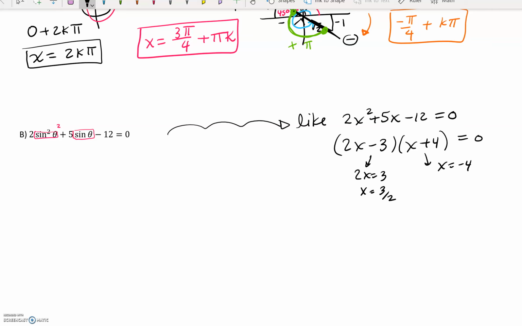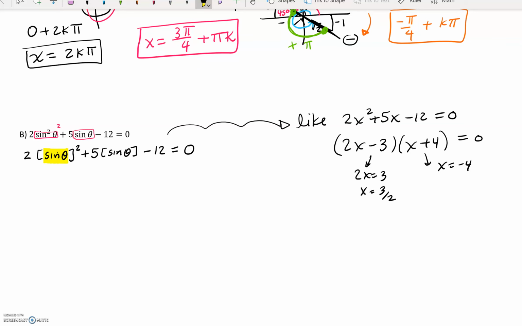And if I think of this trig equation as a quadratic, I basically have 2 sine theta squared plus 5 sine theta minus 12 equals 0.